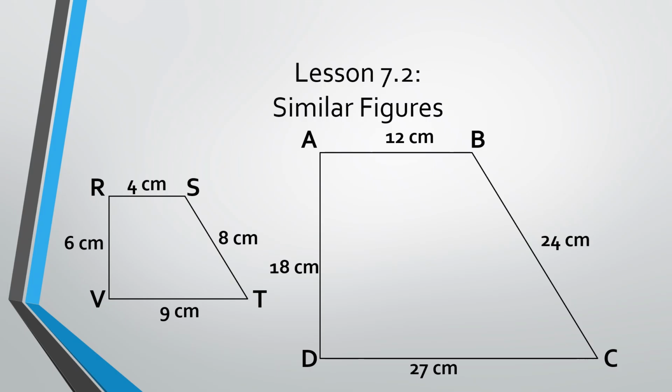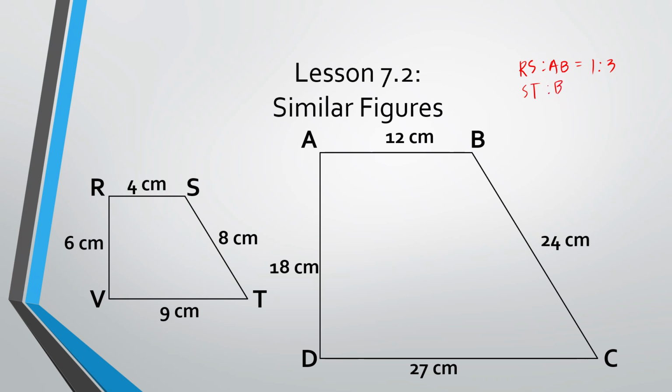As you can see, the ratio of RS to AB is 4 is to 12, and if you simplify, the ratio is 1 is to 3. Then we have ST and BC.